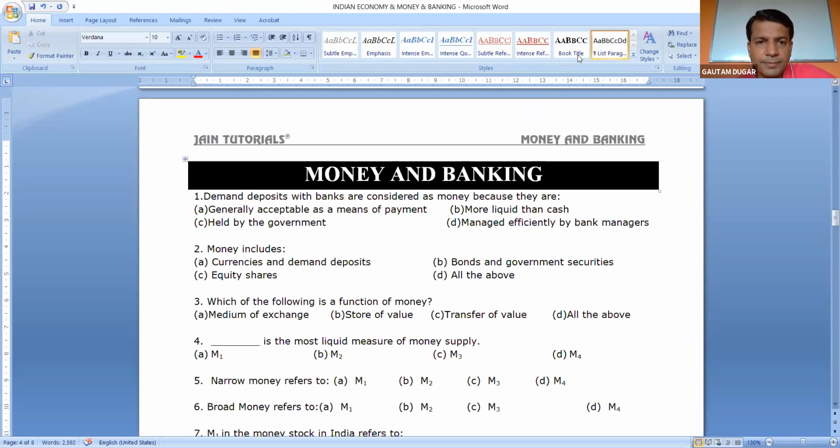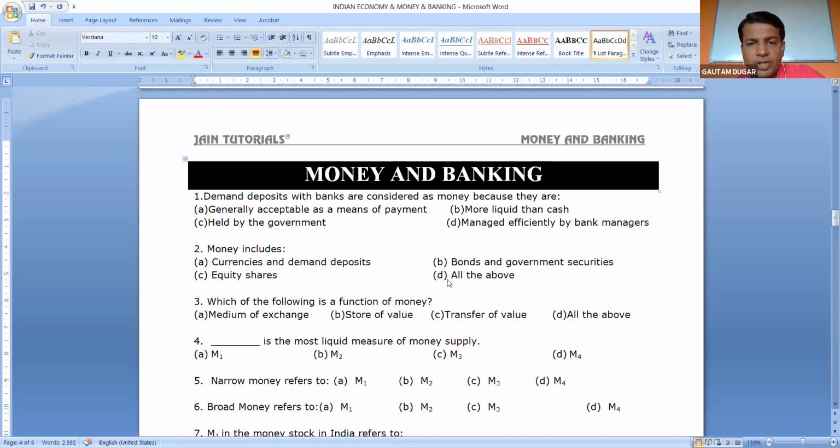For the answer, money includes... Obviously, if such a question comes, it has to be A. It's currency and demand deposits. Equity shares are obviously not money, and government bonds are not money either; they are near money. So if it is money, then the answer is A.